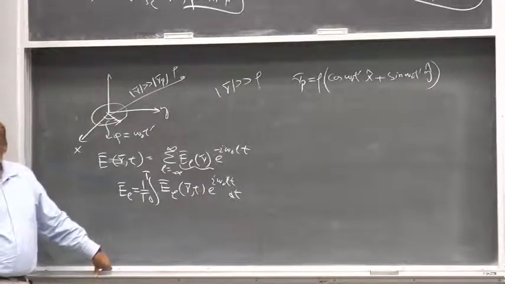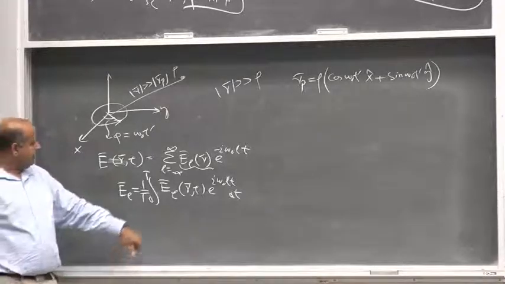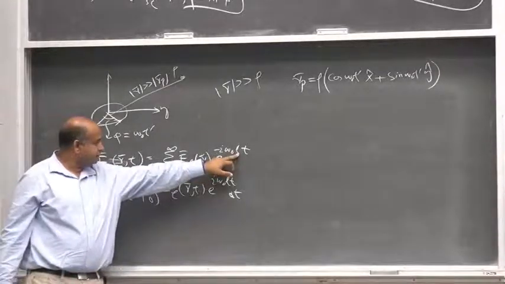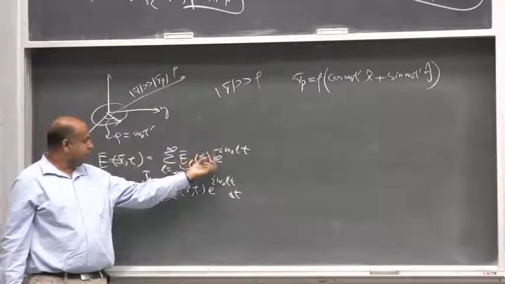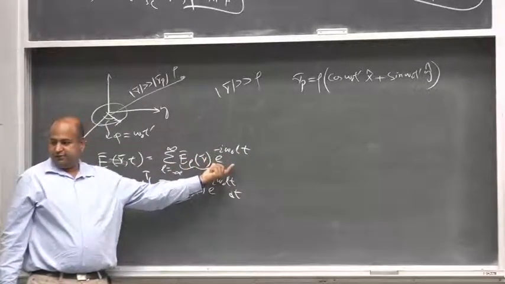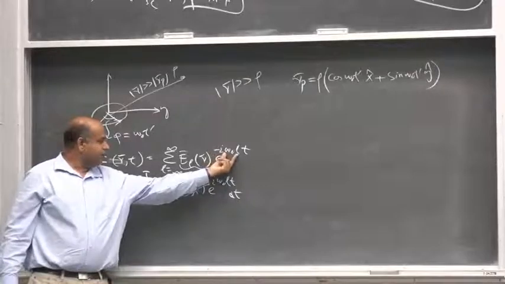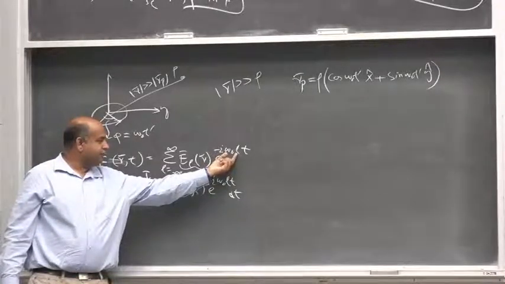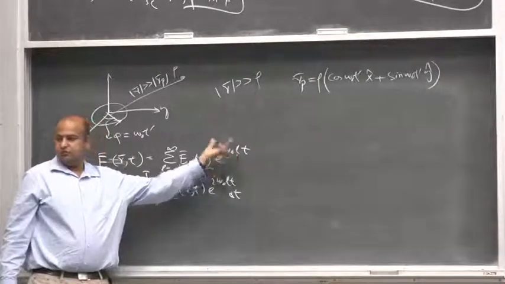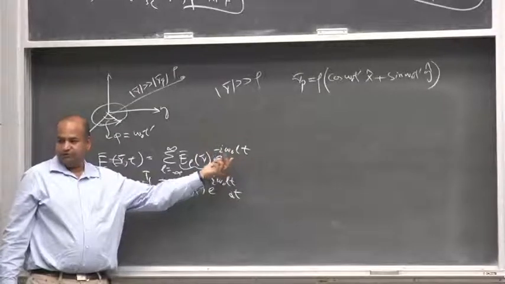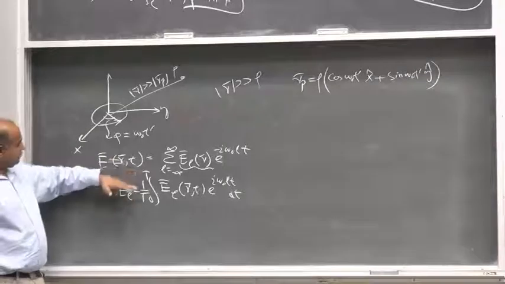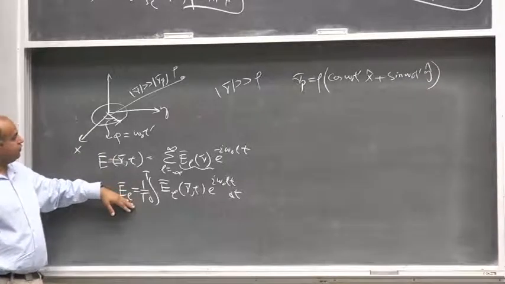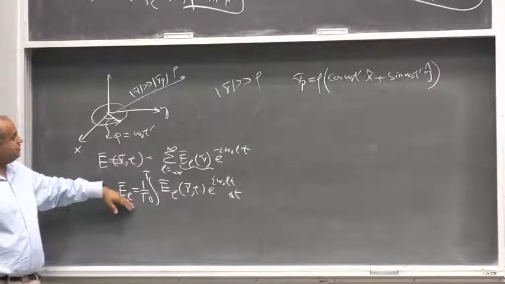We have a Fourier series of this, which is essentially saying that we have one frequency omega naught, then for l equals 2 we have 2 omega naught, and so on. So instead of doing it from the fields, let's do it from the potentials, which is much easier.